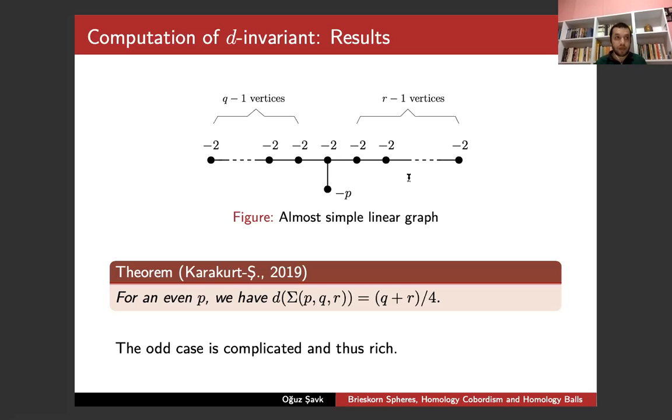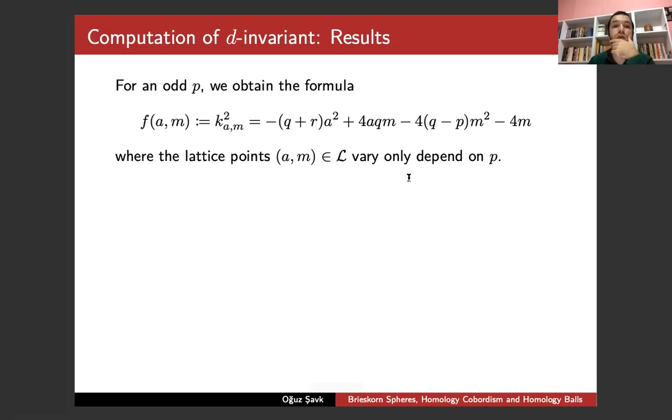But the odd case is very complicated and gives a rich result, and of course depends on the previous analysis. For an odd p, we obtain such a formula for K square. Here, A and M are lattice points, integer pairs, only depending on the integer p.